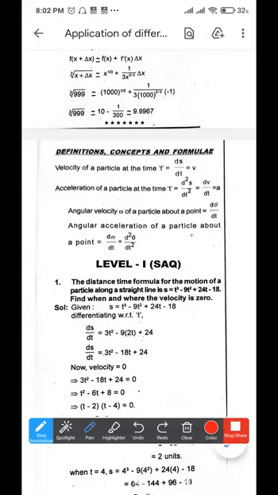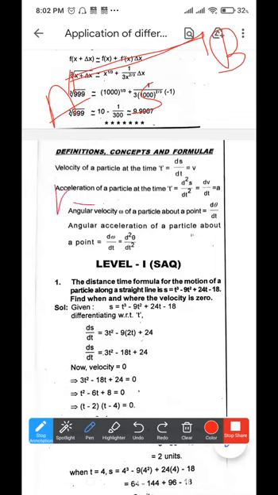So what is distance? Distance or length are same, right? From point A to point B is your distance. And what is velocity? Velocity is equal to distance by time, right?